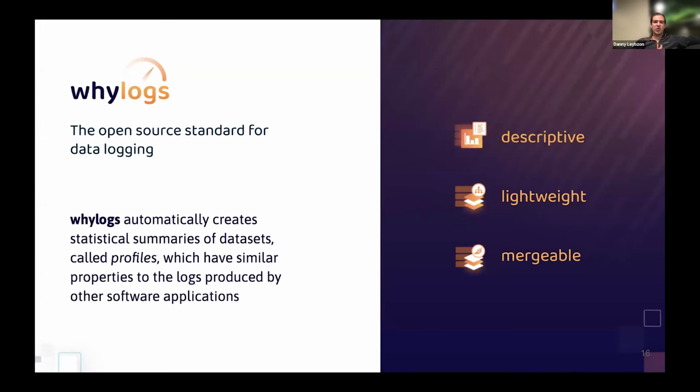What it allows you to do is to take in data, be it image data, text data, structured data, whatever kind of data, and create profiles, which are statistical summaries of that data, which can act as logs. So these statistical summaries can be used in order to track the historical state, and they enable all of those use cases that I had talked about earlier. They enable monitoring, they enable debugging, they enable data documentation, all of these different things that are required for getting observability into machine learning systems.